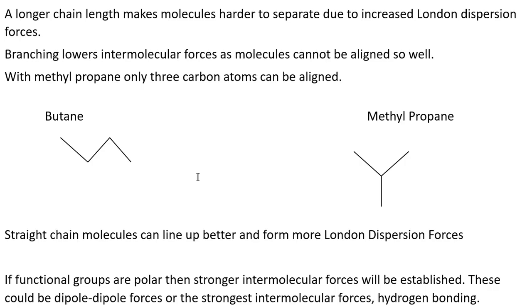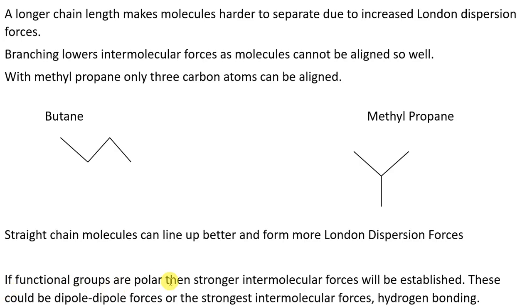It's easy to stack the butane molecules, giving them the chance to establish intermolecular forces. Not so with methylpropane. Branching lowers boiling points. Straight chain molecules can line up better and form more London dispersion forces.